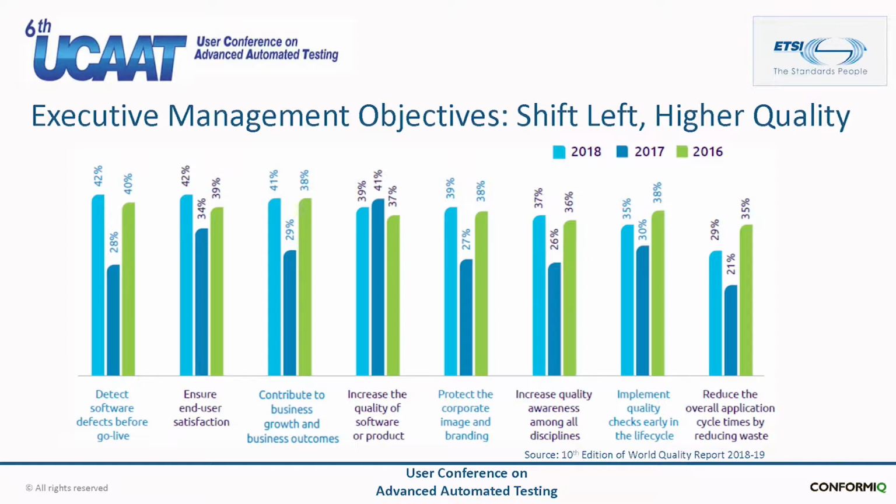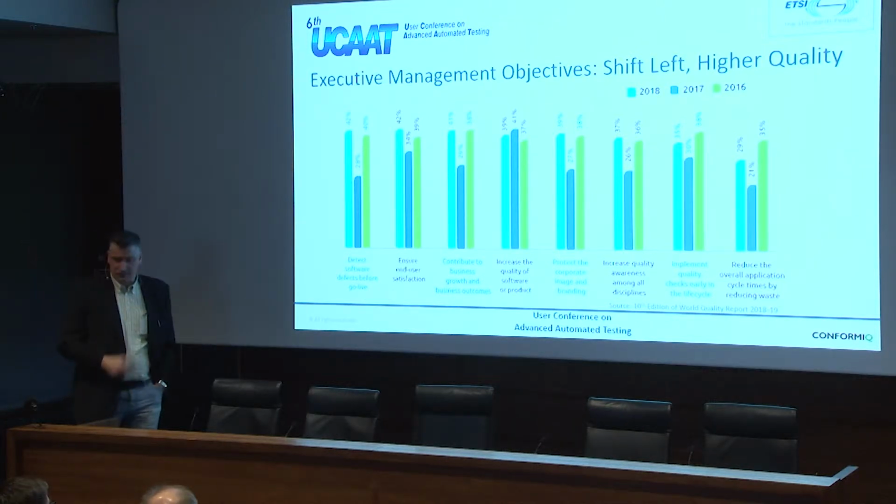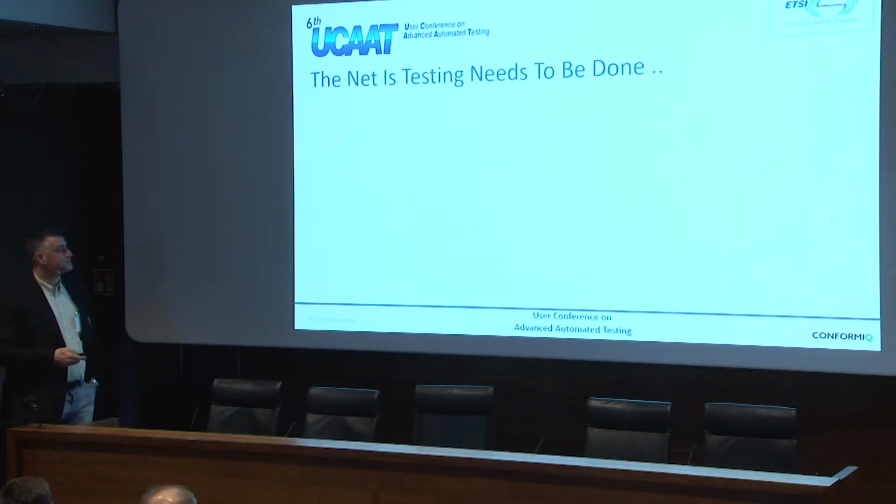But anyway, we see some things here. What executive management wants is shift left, find defects earlier, but at the same time people are reporting, right, we don't have enough time to test. So we need to come out earlier. There's, again, product quality improvement, implementing quality checks early in the life cycle. A lot of these things add up. Okay.